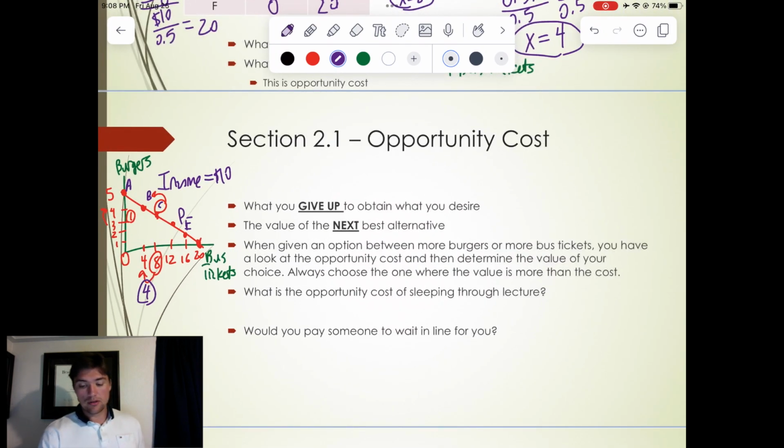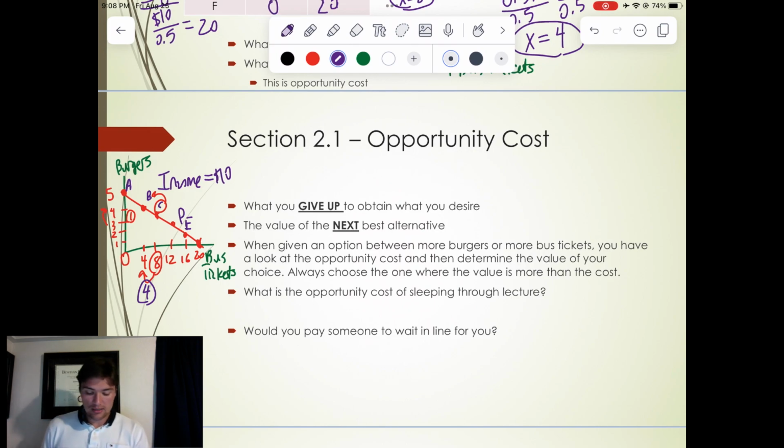The opportunity cost is what you give up to attain what you desire. Basically, because you are choosing the burger, what did you give up in order to do that? Another way to think about it is the value of the next best alternative.